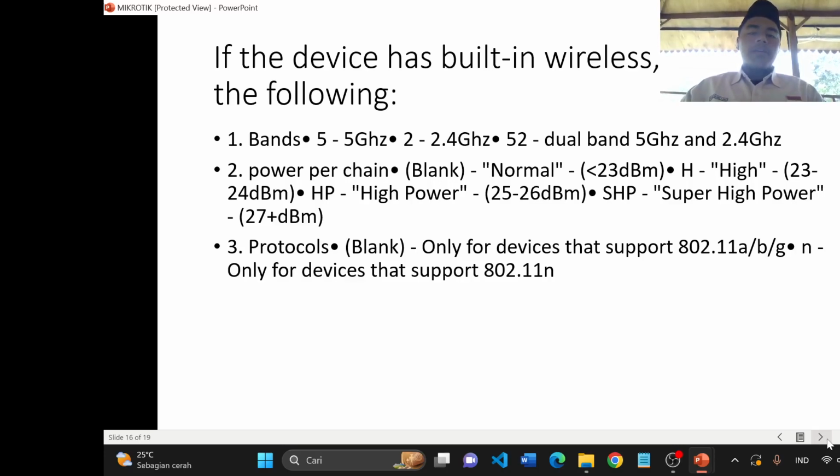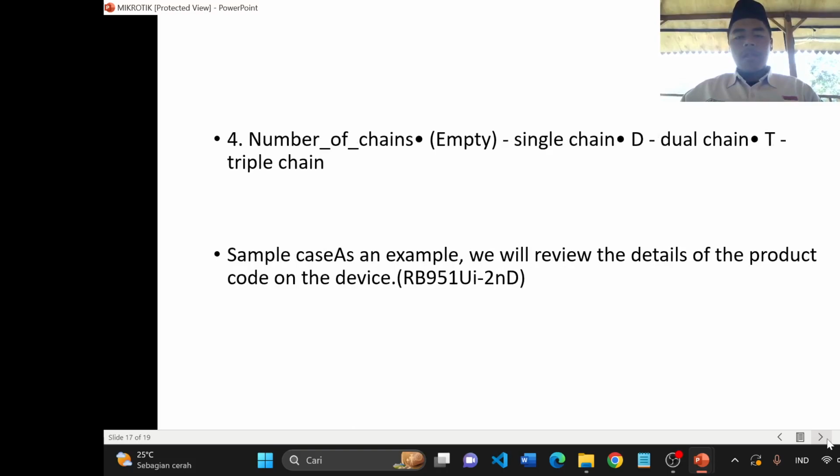Protocols: blank only for devices that support 802.11a, B or G, and n only for devices that support 802.11n. 4. Number of chains: single chain, D dual chain, T triple chain.